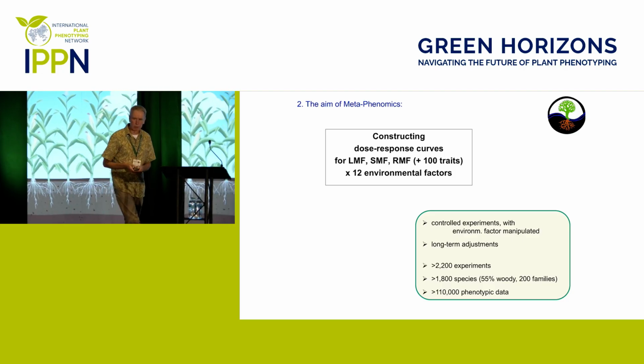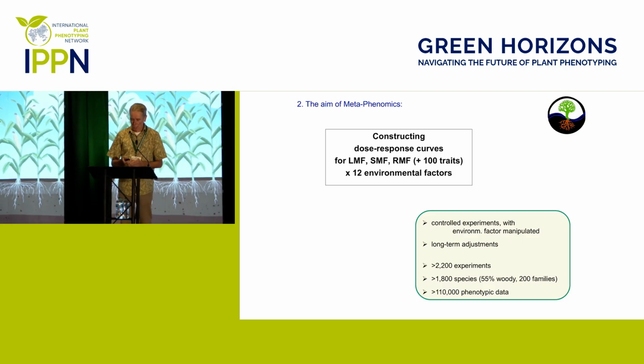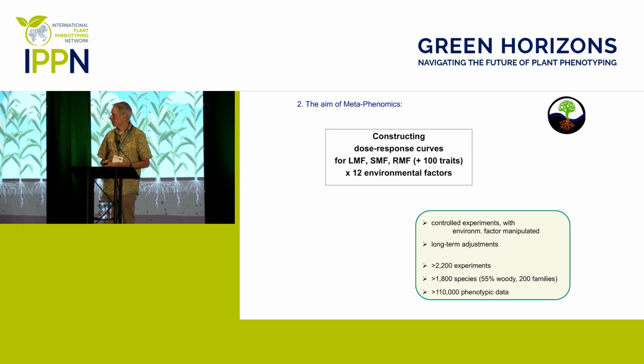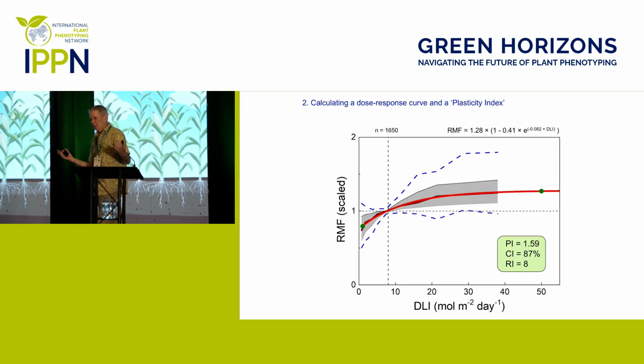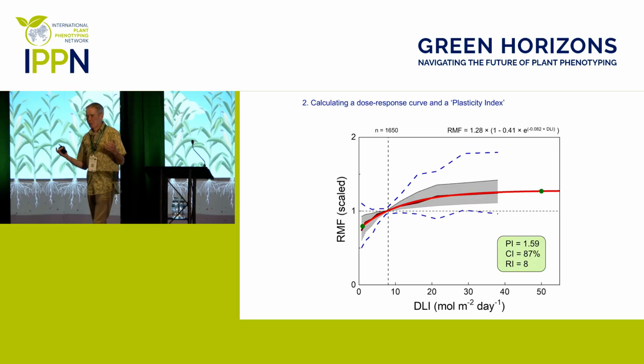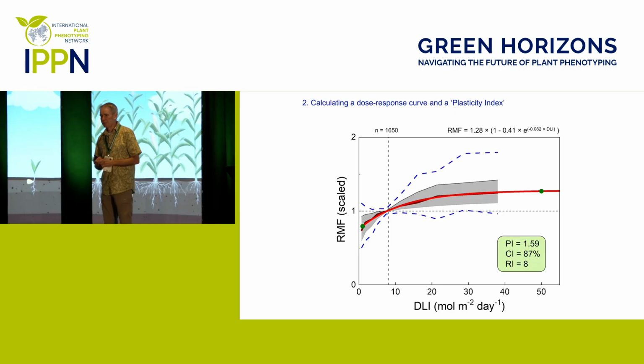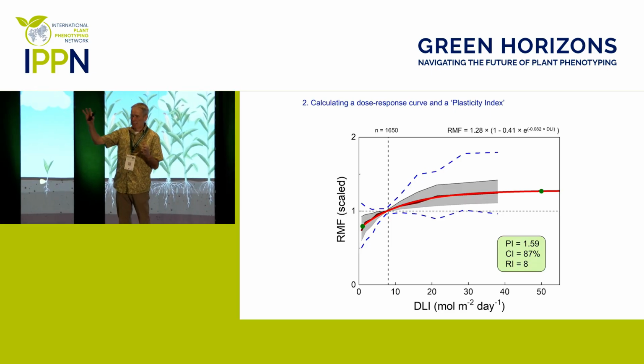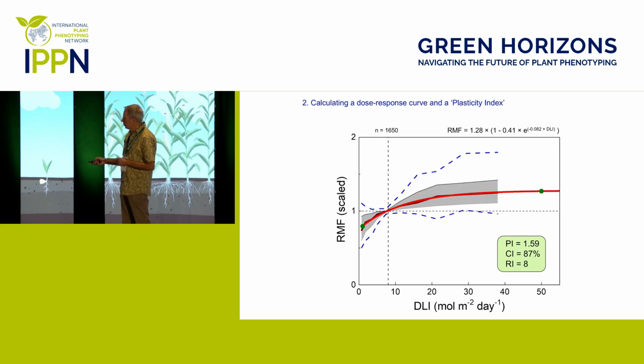So it is interesting to interrogate this database and see what leaf mass fraction is doing. I don't have the time to completely tell you everything about how I do the different steps, but basically I take each individual experiment. I look at what is the value, in the case of light, for example, what is the value of the phenotypic trait, so of the root mass fraction, at a light intensity of 8 moles per square meter per day.